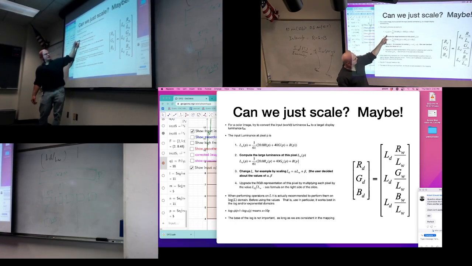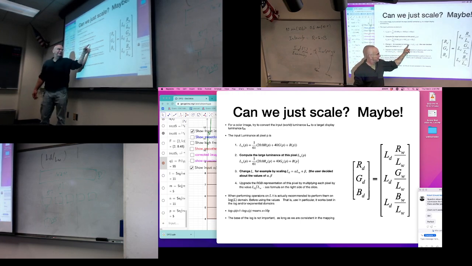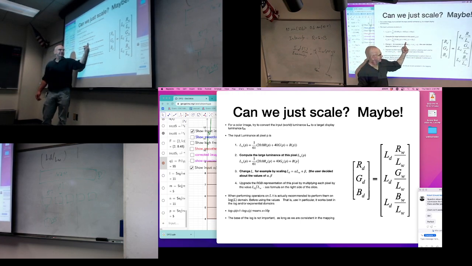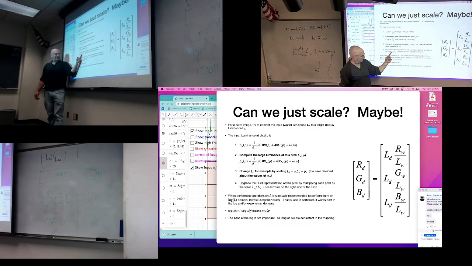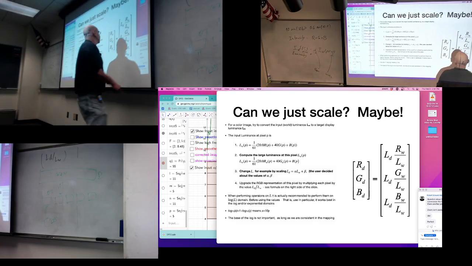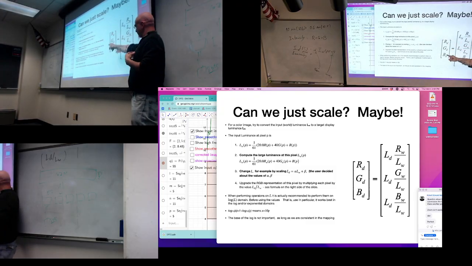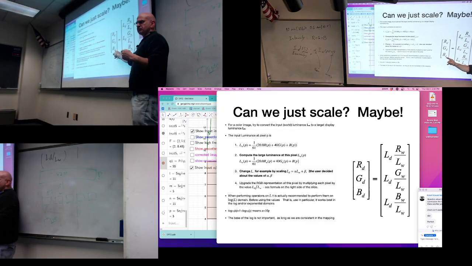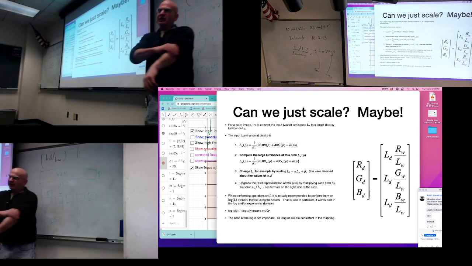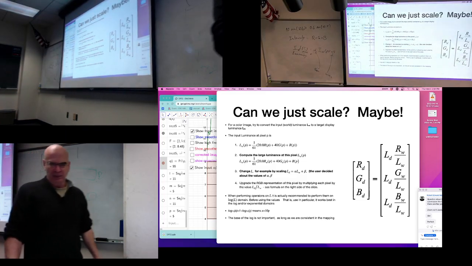Compute the ratio between the desired luminosity and the input luminosity for this individual pixel. Different pixels might have different opinions. And multiply this number by red, by green, by blue. So you don't have to use other coordinate systems, of course.